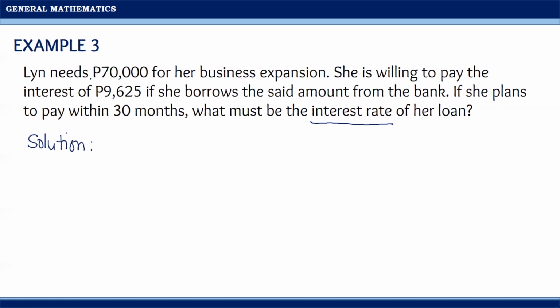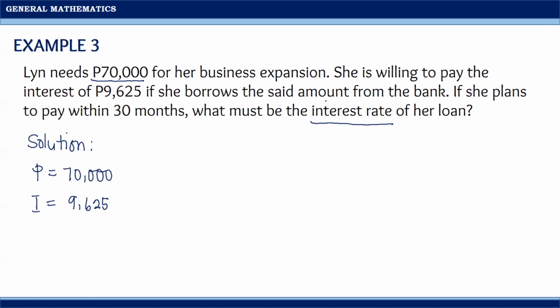Since Lynn needs 70,000 pesos for her business expansion, the principal is equal to 70,000. Moreover, it was stated in the problem that she is willing to pay the interest of 9,625 pesos. Therefore, I is equal to 9,625 pesos.